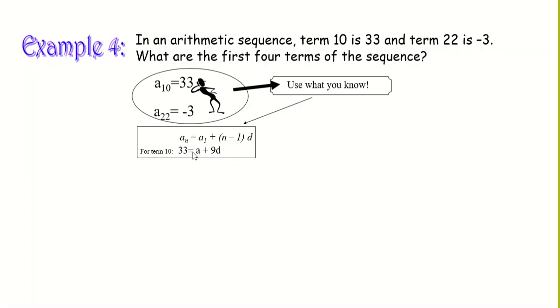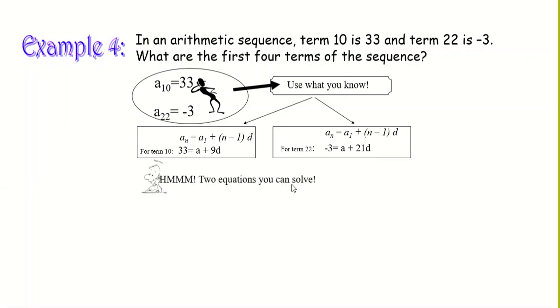So 33 is equal to a as the first term plus n minus 1. So that's 10 minus 1, so 9d. And the other side has negative 3 as your a sub 22, a sub 1 plus 22 minus 1 is 21 times your d.